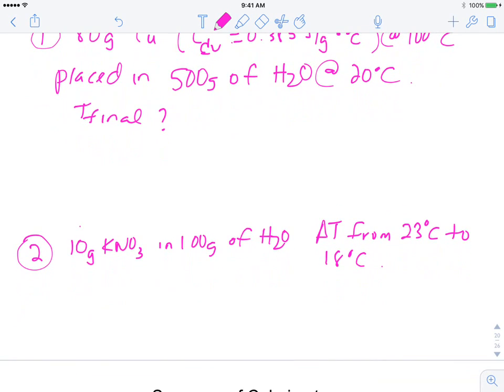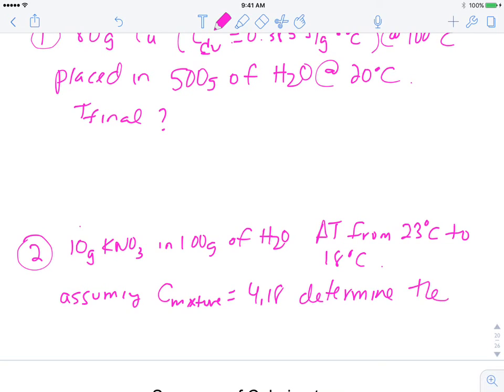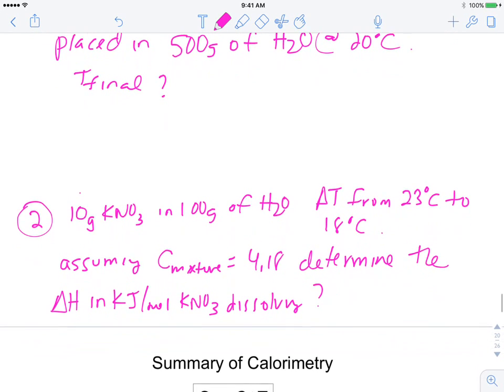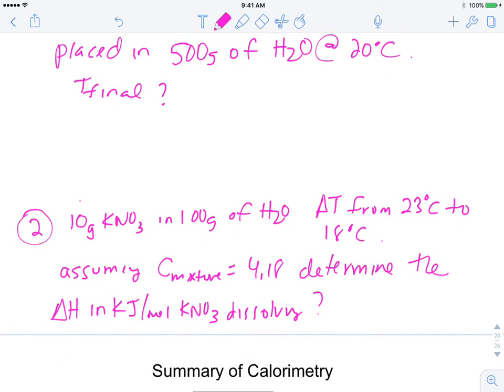And the question will ask you, assuming the specific heat of the mixture is equal to 4.18, determine the delta H in kilojoules per mole of KNO3 dissolving. So these two problems are the type that you see in a coffee cup calorimeter.